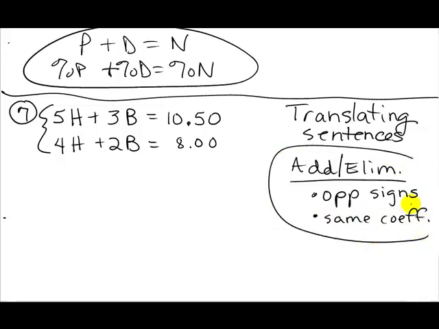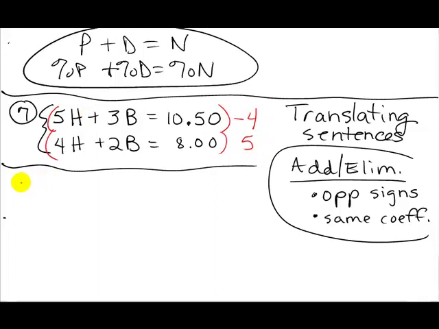So I'm just going to do the H's. It doesn't matter if I do the H's or the B's, we'll still get the same number. I'm going to multiply here at the top times -4, because I need this to become -20. And I'm going to multiply here times 5 so that this becomes +20. Remember to multiply all the way across.